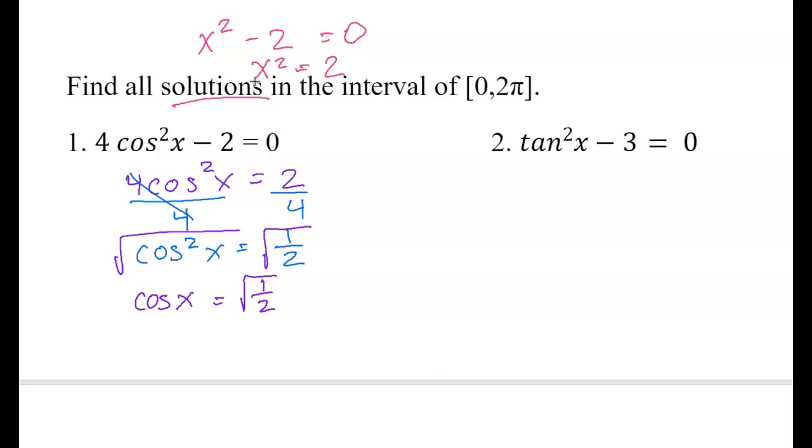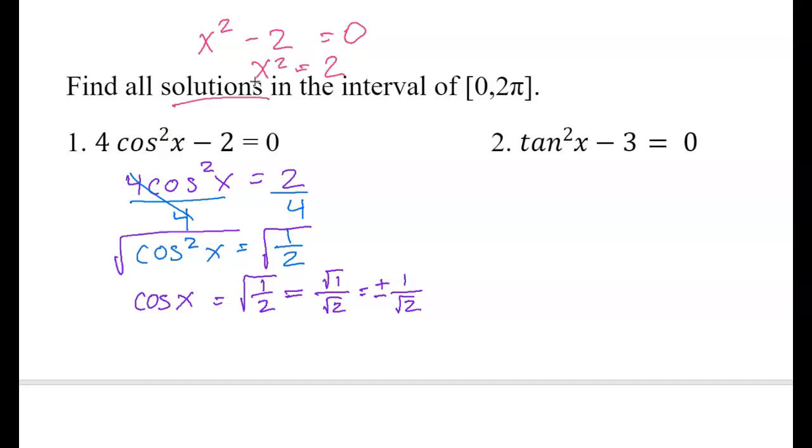Whenever you are square rooting a fraction, another way to write it is the square root of the numerator over the square root of the denominator. And then what is the square root of 1? 1, but remember, whenever you actually square root something, it's not only the positive version, it's also the negative. So right now we have plus or minus 1 over the square root of 2.